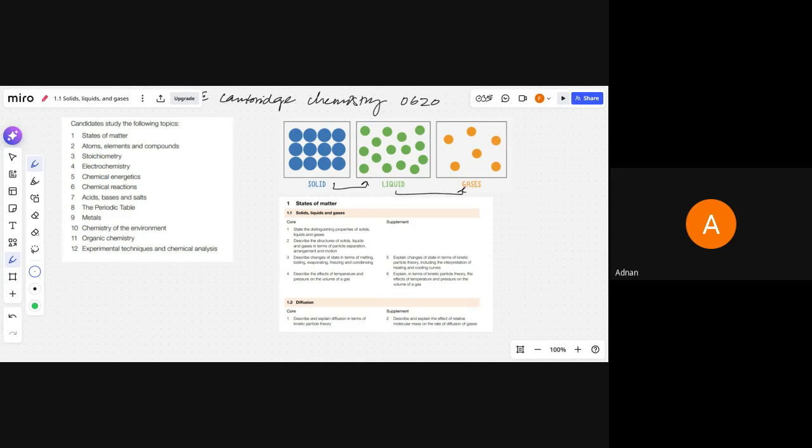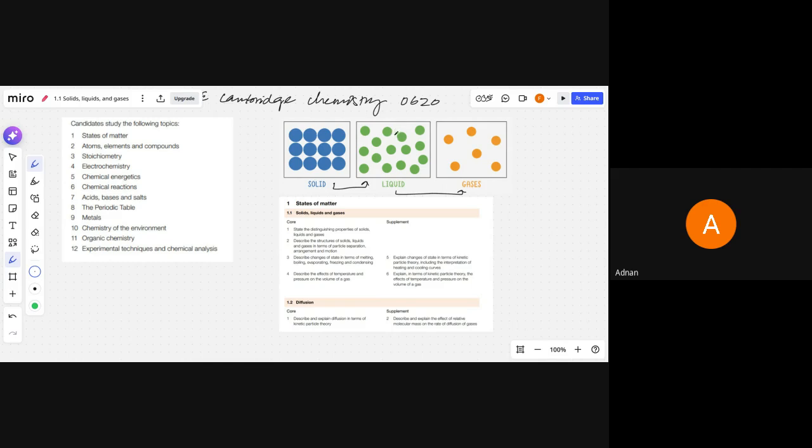Evaporation is also a change from liquid to gas. The difference between boiling and evaporation is that evaporation only happens at the top layer, and it happens at all temperatures.